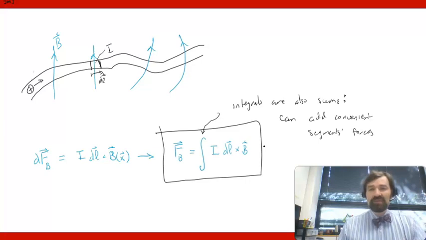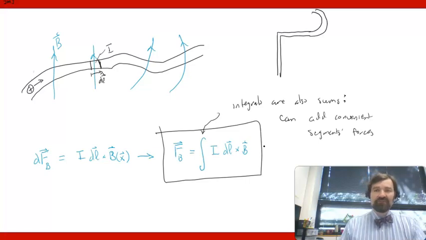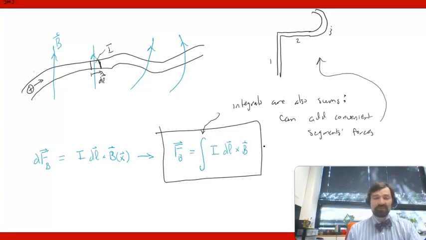Like maybe if I happen to have a wire that's like this, and then the next piece is like this, and then maybe the last piece is circular like this, then I might have one segment here, one segment here, and one segment here. And so these two segments might just be a simple I times L cross B, and then this one is integrated from some limits, and then we add the three together. And so many problems look like that.